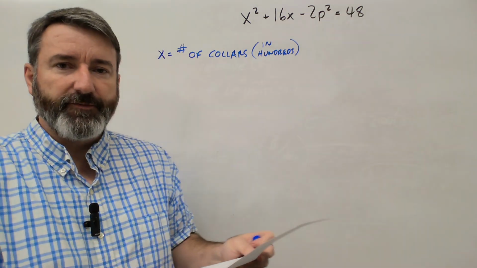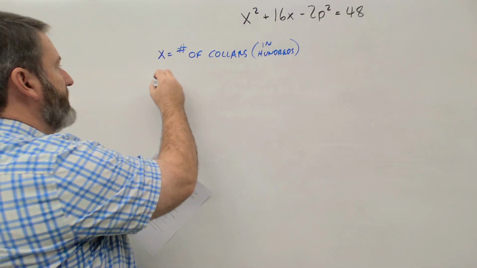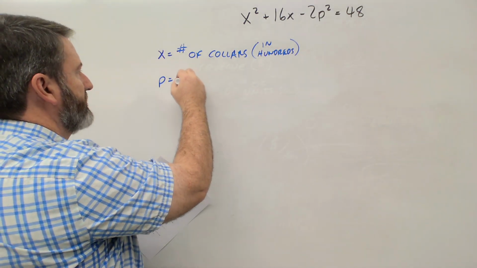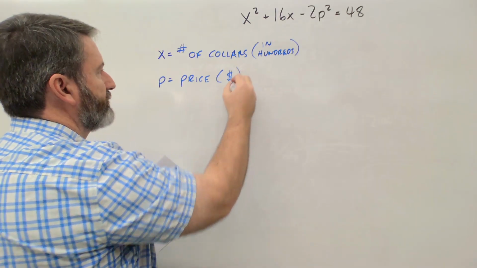X is the number of collars in hundreds. P is going to be the price in dollars.